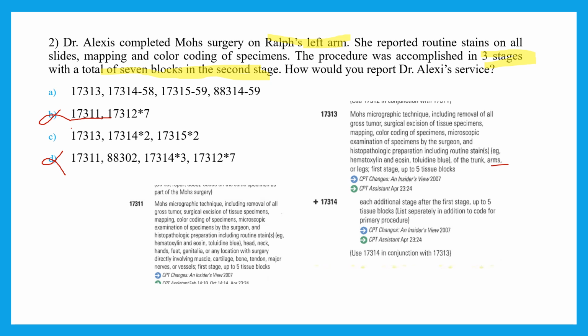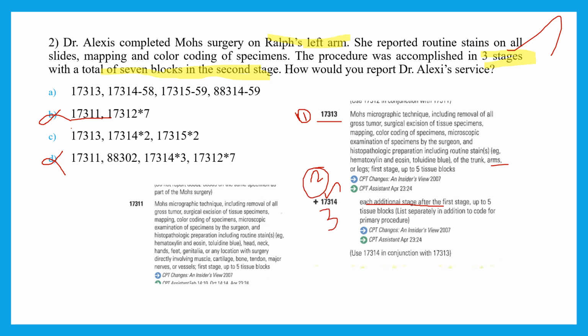Now we need to go and check for the stages. Okay, so 3 stages is present. For the first stage we will give 17313. For the second stage 17314, indicating each additional stage after the first stage. Now we have 3 stages, means 17313 one time for the first stage, and 17314 for the second stage, and again 17314 for the third stage.